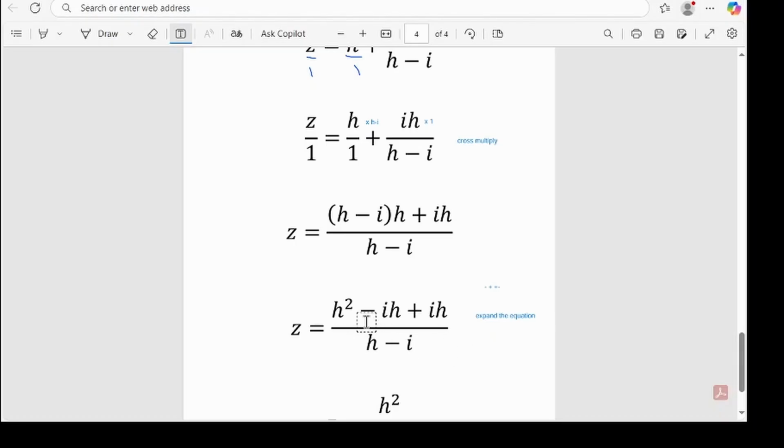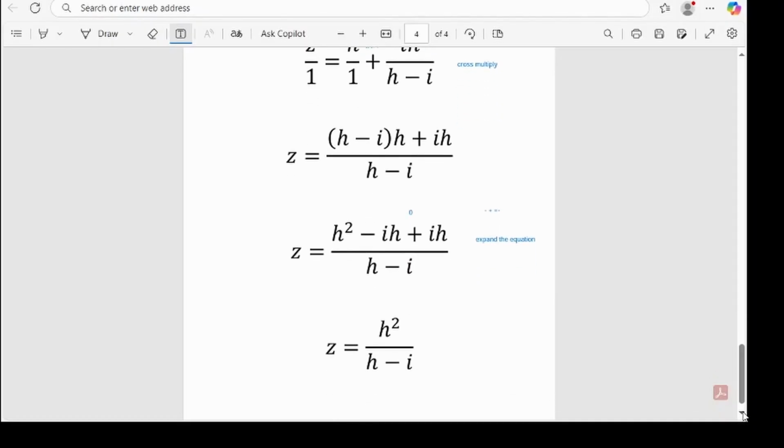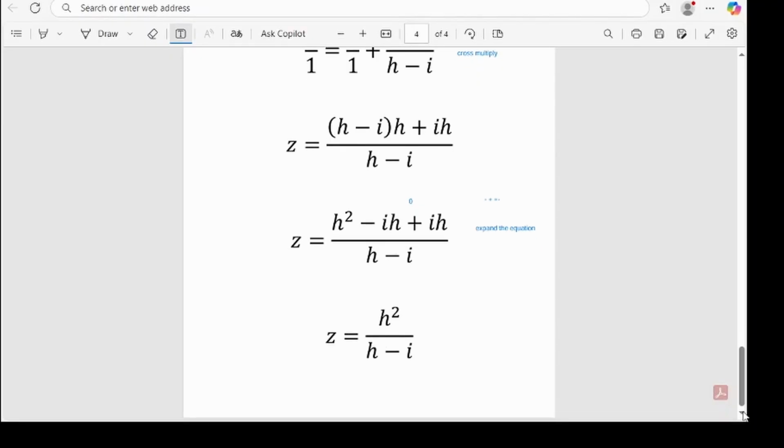So negative IH plus IH would give you 0. Okay, so any number multiplying 0 is that number, right? So we are going to get our new equation to be Z equals H squared over H minus I, which is our final answer. Thank you. Bye for now.